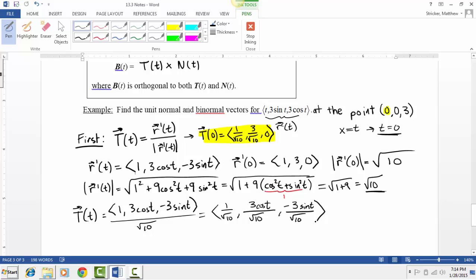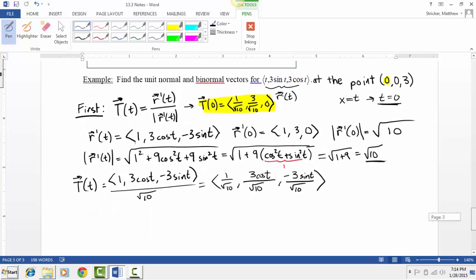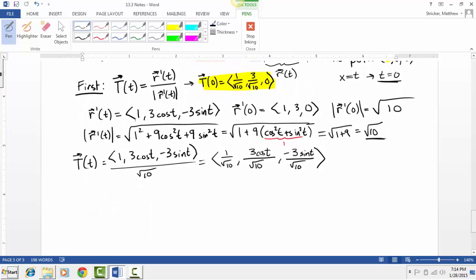Now that we have T, we need to know what T prime is, because T prime is what we use to find N, the unit normal vector. So for T prime, we just take the derivative of the vector we just found. Since the x component is a constant, its derivative is 0.